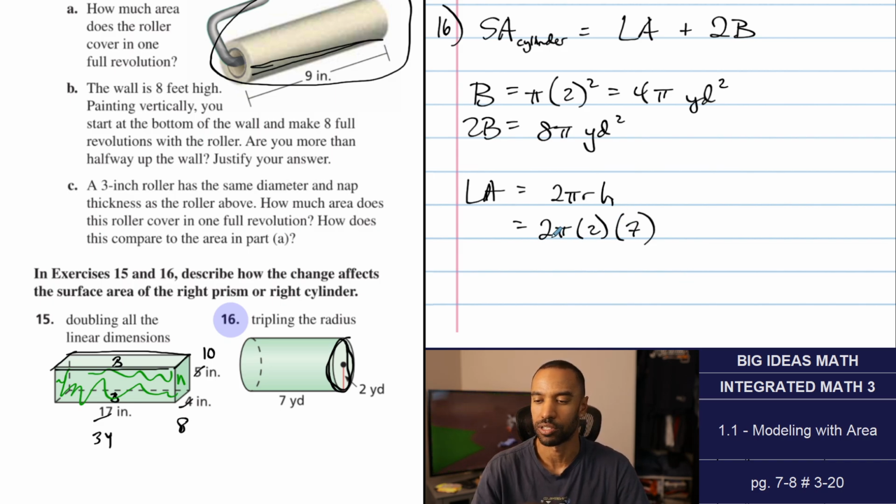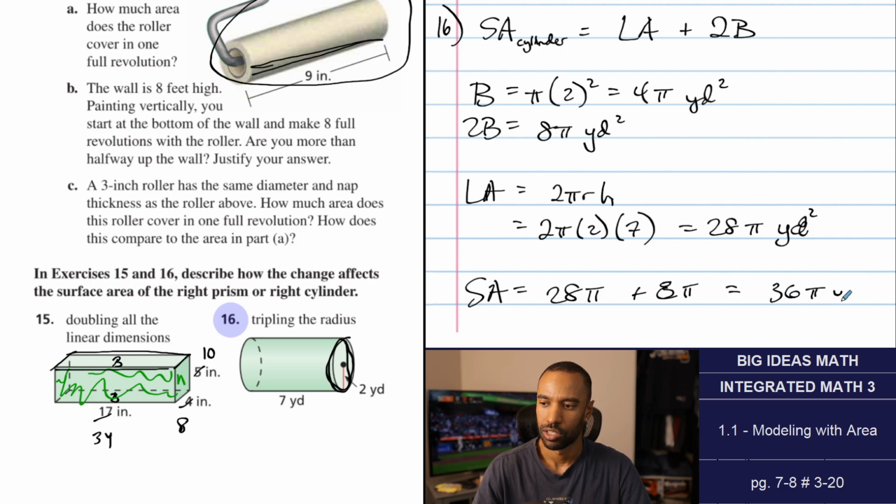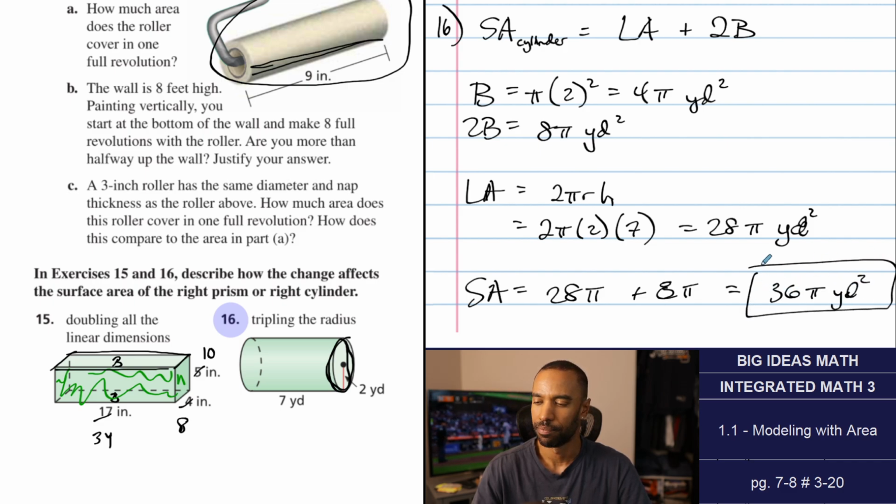It's the distance between your bases. So that'll be 28 pi square yards of lateral area. So we're going to add together, and I'll leave this in terms of pi. I'm not going to round it. Let's do lateral area of 28 pi plus 8 pi of your area of your two bases. And that's 36 pi square yards in total. That is the original.